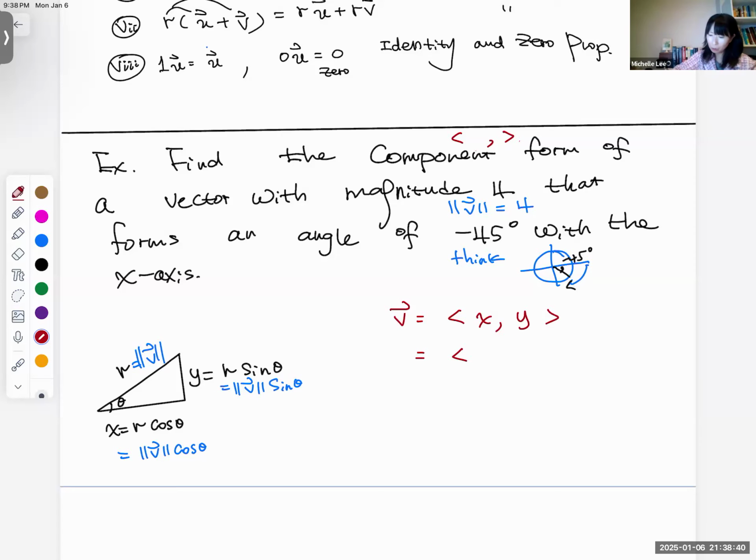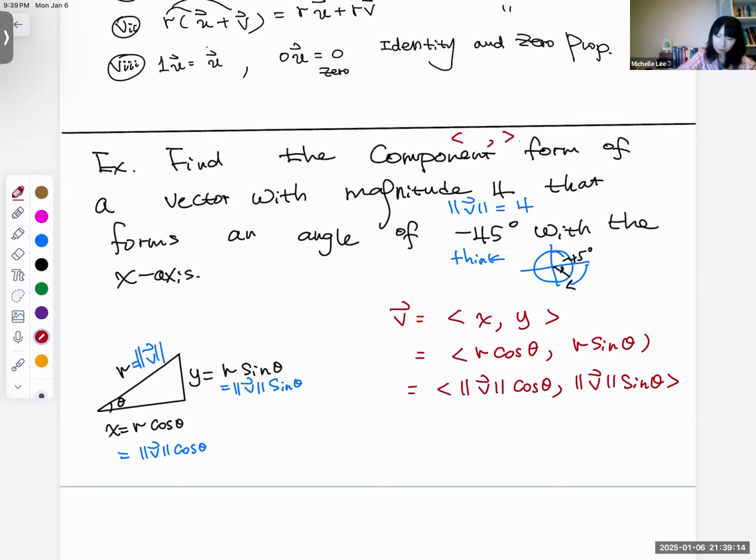So let me do one by one. x equals r cosine theta, y equals r sine theta, and then r cosine theta we can express as the magnitude of vector v cosine theta, and r sine theta as the magnitude of vector v sine theta, right?